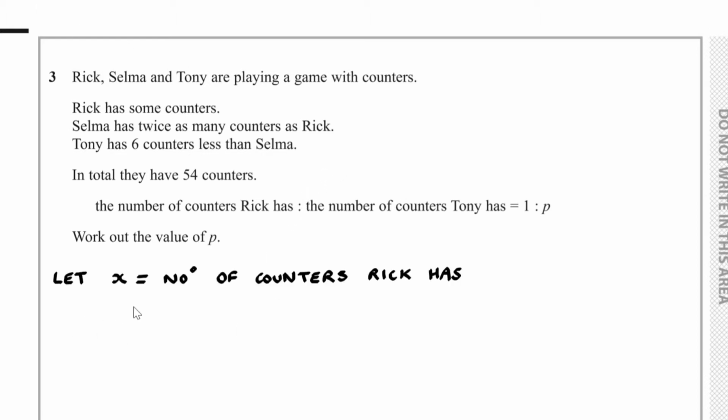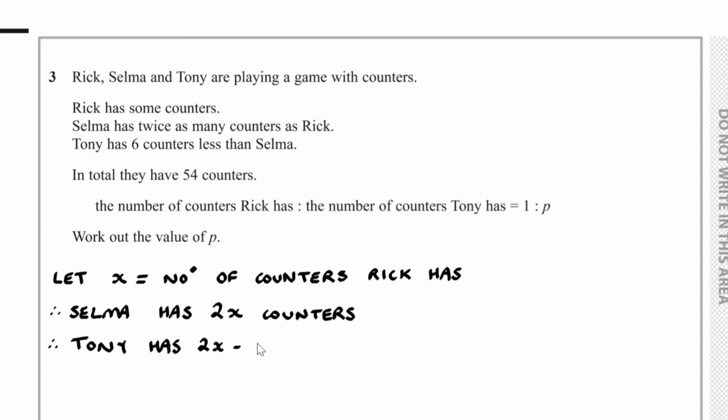First of all, let x equal the number of counters Rick has. And if that's the case, then Selma would have twice as many as Rick. So Selma has 2x counters, and Tony has 2x minus 6, 6 less than Selma.